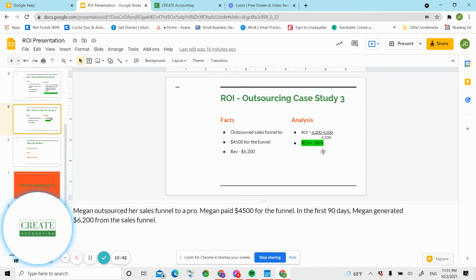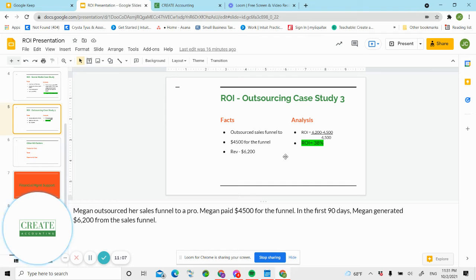Now, I don't know if that's a great, is that a great ROI for a sales funnel? Well, you would want to talk to someone who creates sales funnels to ask them, hey, what is your typical ROI for these types of projects? If they're making you a sales funnel, you want to ask them and ask a couple, and then you can determine what the average is.